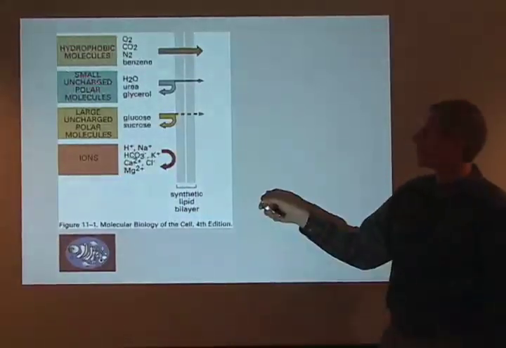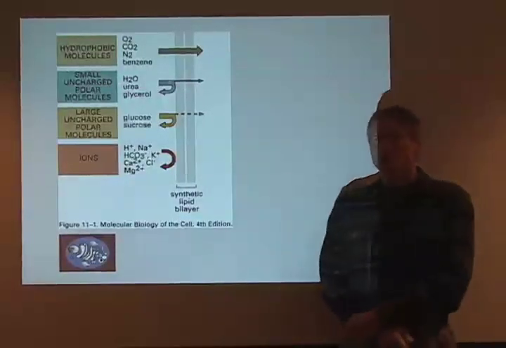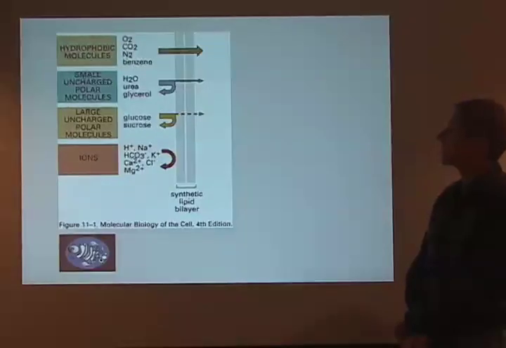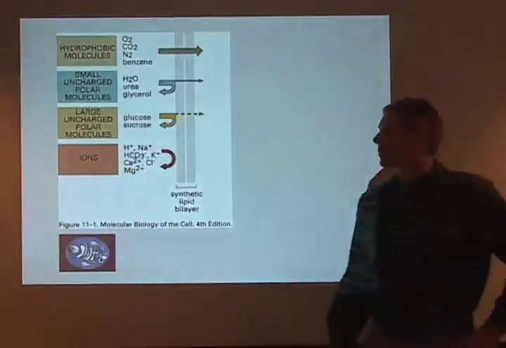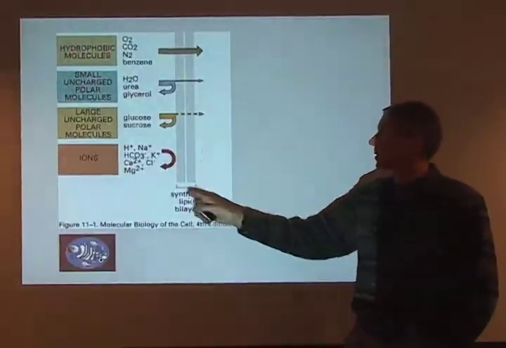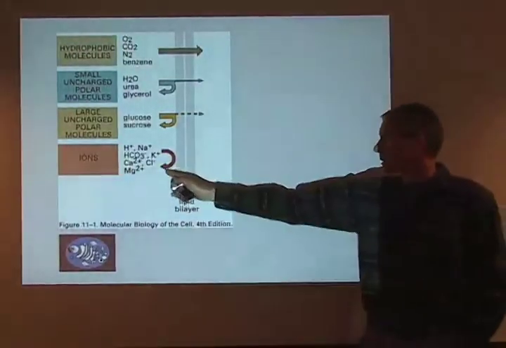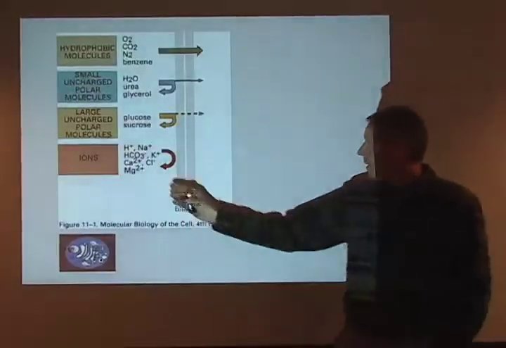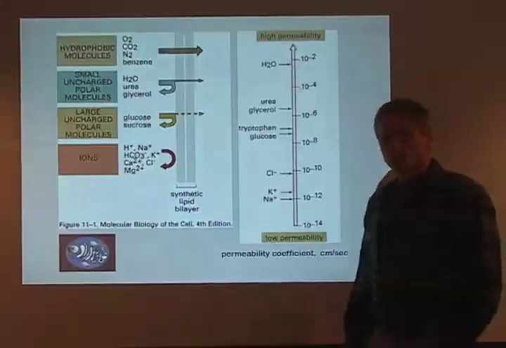Small uncharged polar molecules, they don't get in very well. They'll get in a little bit, but not very much. Large polar molecules, such as glucose or sucrose, really don't get in very much, and ions are not transported. Because they're charged, the water molecules are holding on to them.